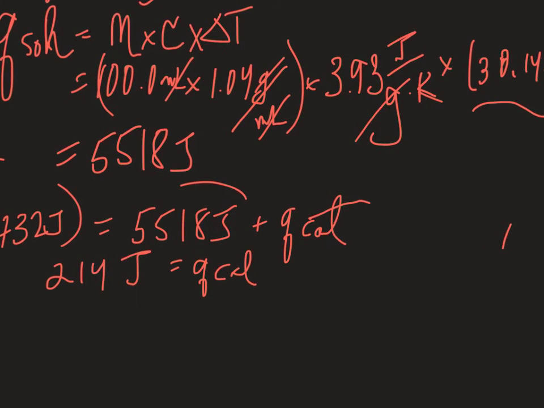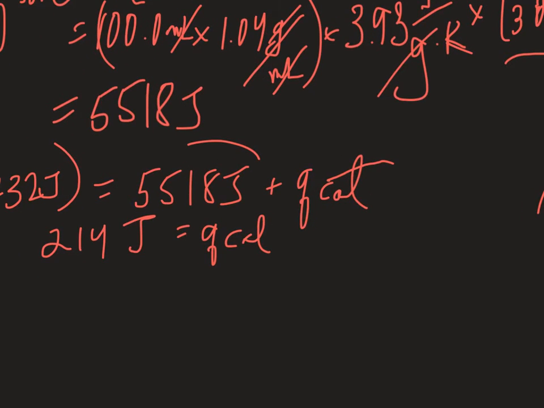To go from Q cal to capital C cal, from the heat absorbed by the calorimeter to how much heat my calorimeter will absorb per degree, I need to do one conversion: divide my joules by the delta T.